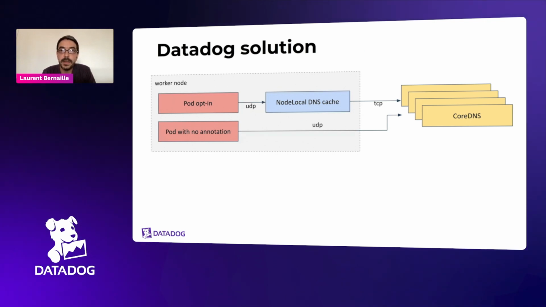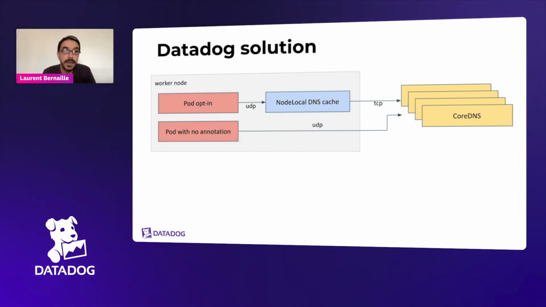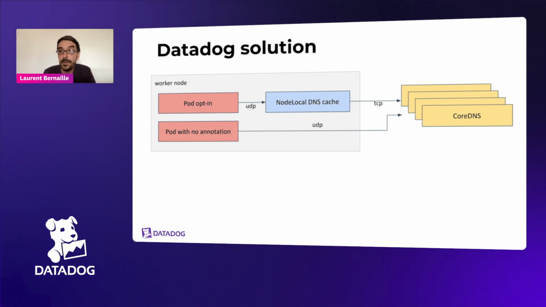The first one is, since we didn't want to disrupt things for users, we decided to make it opt-in. So people would just add annotations on their pods, and we have a controller that would modify the DNS server based on this annotation to use a node-local cache instead of the cluster service.